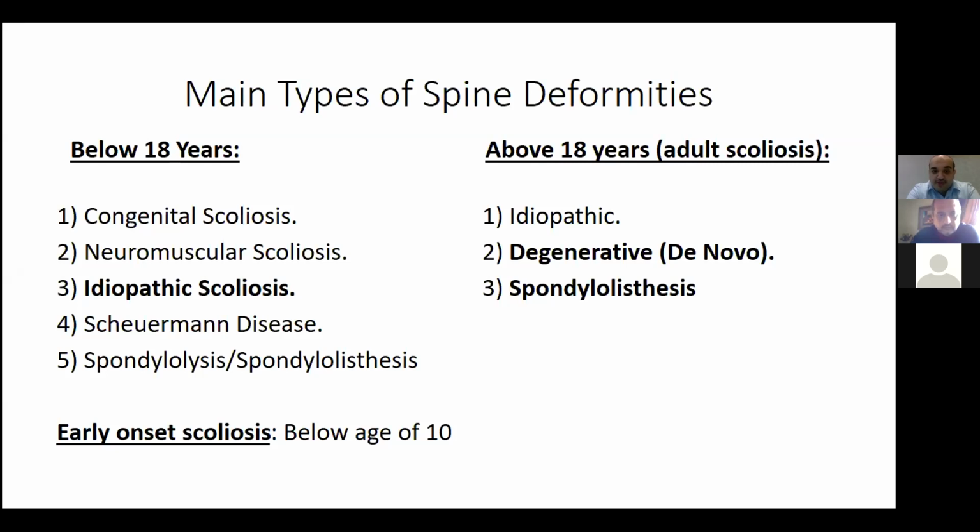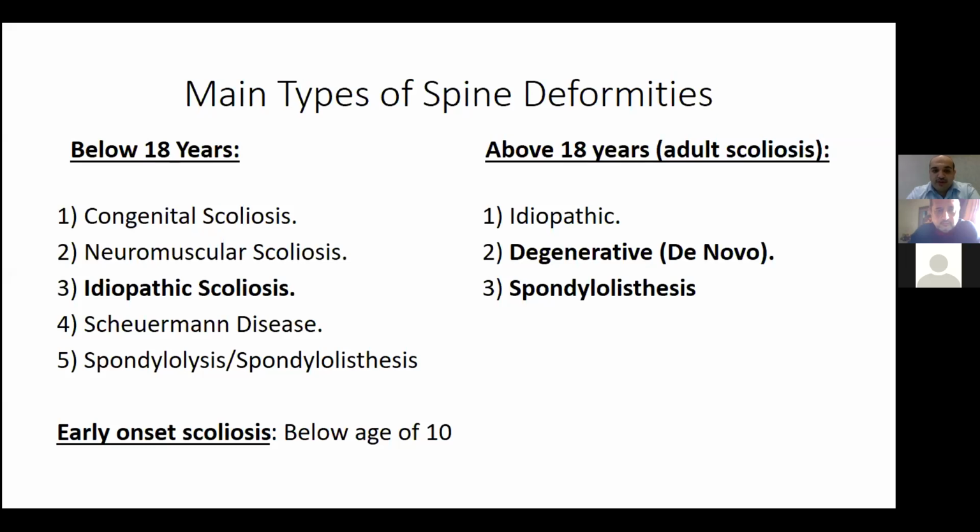This is also part of the deformity. Above 18 years, we also have idiopathic, which is shared with the below-18 group, but degenerative or de novo is the most common type, and also spondylolisthesis. But in this presentation, we will not talk about spondylolisthesis because most of you may be aware of this kind of deformity.